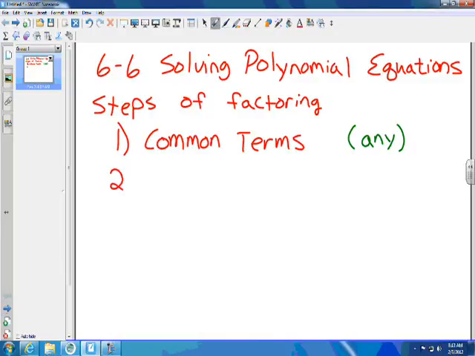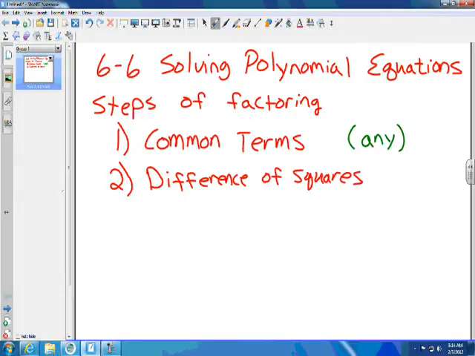Step 2, there are 3 things you look for. And the first one that we've talked about before is difference of squares. What we will be adding new today is a sum or difference of cubes.